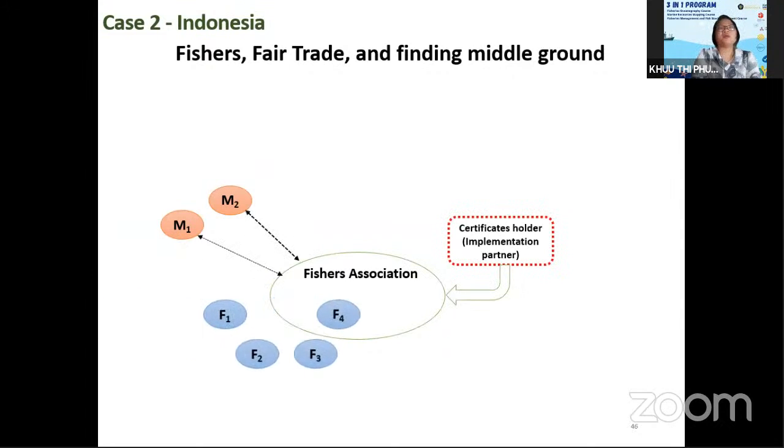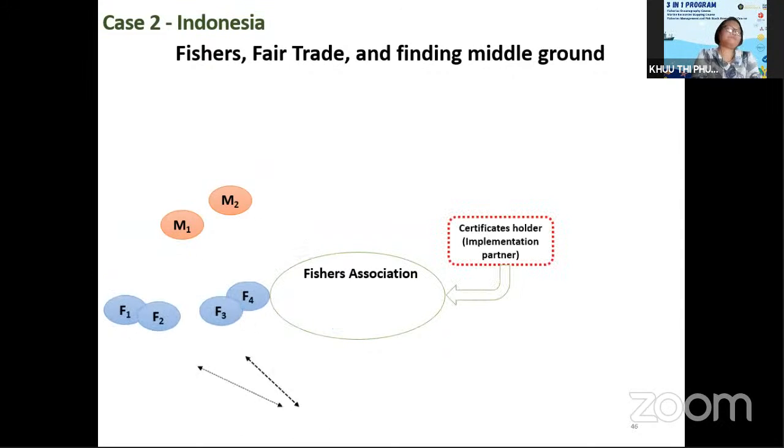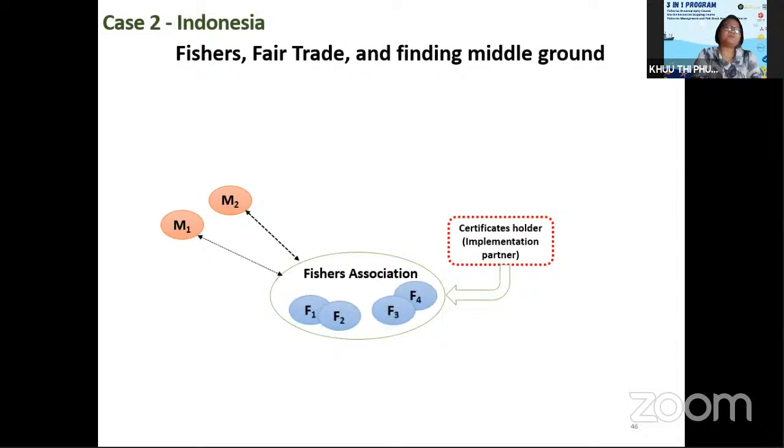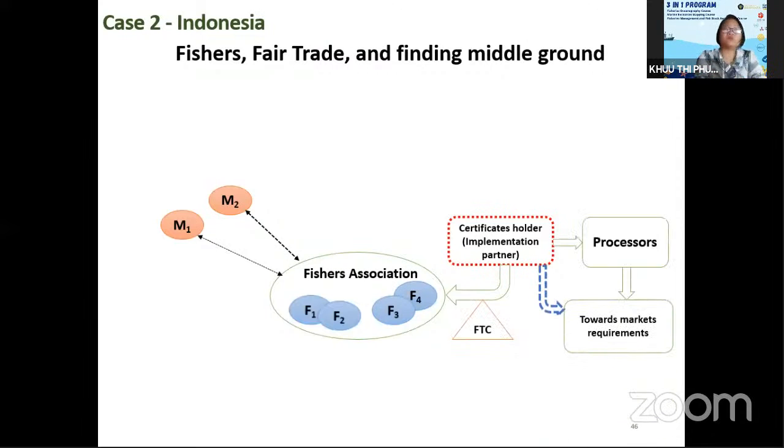So here's the problem. They can ask the fishermen to join or participate in the fisher association, but the fishers only want to have the transaction with the middleman. So even though they apply fair trade, it's lost, and this process is very difficult to continue.